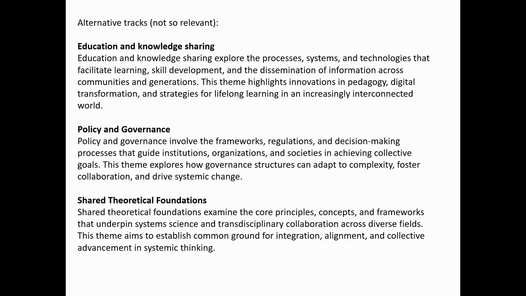Another one is policy and governance. Policy and governance involve frameworks, regulations, and decision-making processes that guide institutions, organizations, and societies in achieving collective goals. This theme explores how governance structures can adapt to complexity, foster collaboration, and drive systemic change.